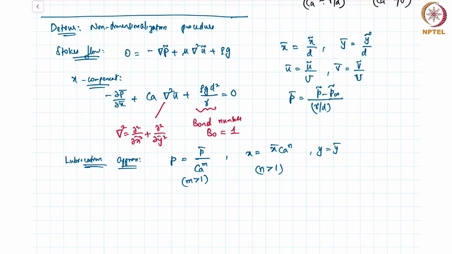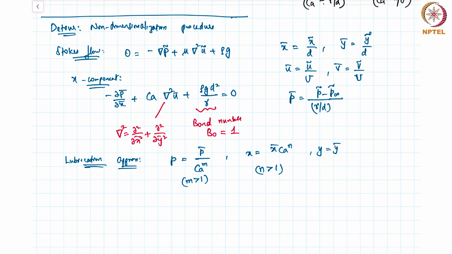Again, let me repeat, x tilde and x bar are very large compared to y tilde and y bar, meaning the corresponding variables in the original coordinate system and the non-dimensionalization that we had done, which is x bar and y bar, they're very large, and there's a disparity. We want to address the disparity by recognizing the fact that when we take the non-dimensionalization, the non-dimensional variables x and y, I want them to be of a comparable size.